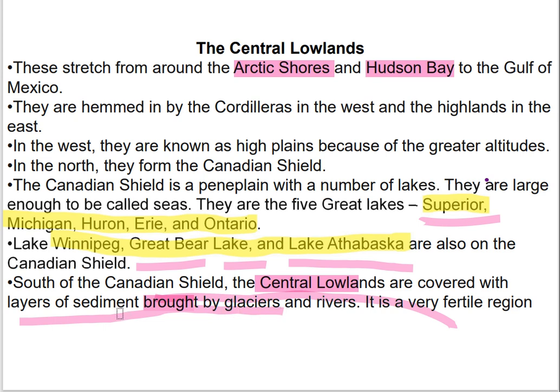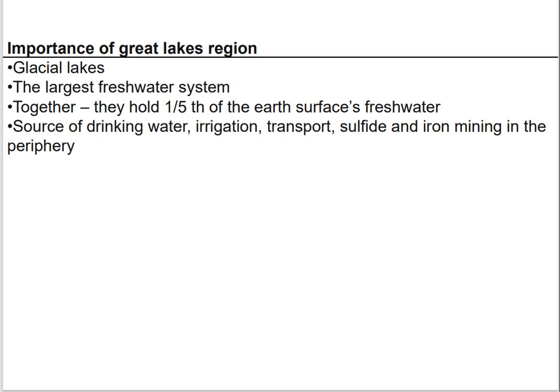They bring many sediments and deposit them in the central lowlands, or central plain, or Great Plains. These are the sediments brought by the rivers. That's why this region is very fertile and good for agriculture.